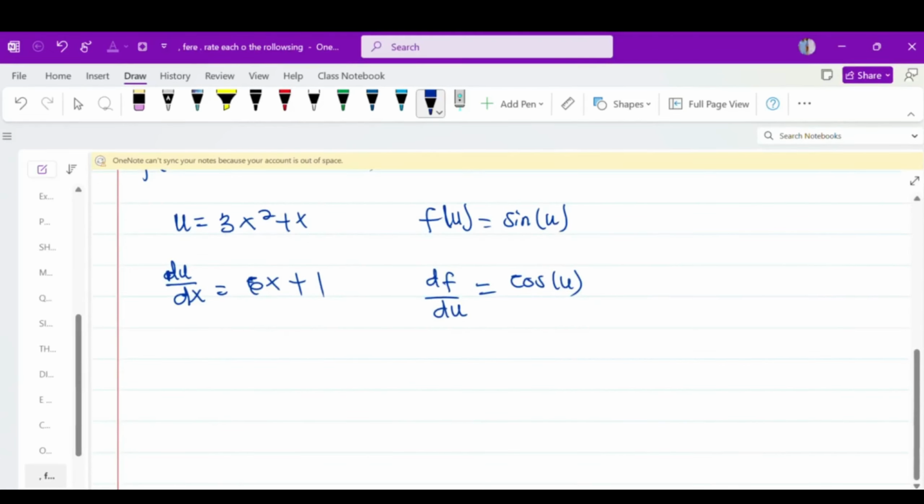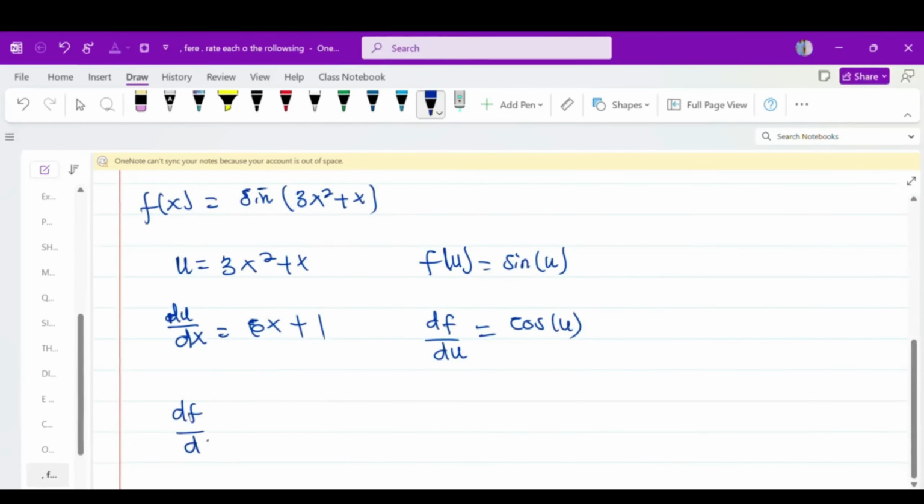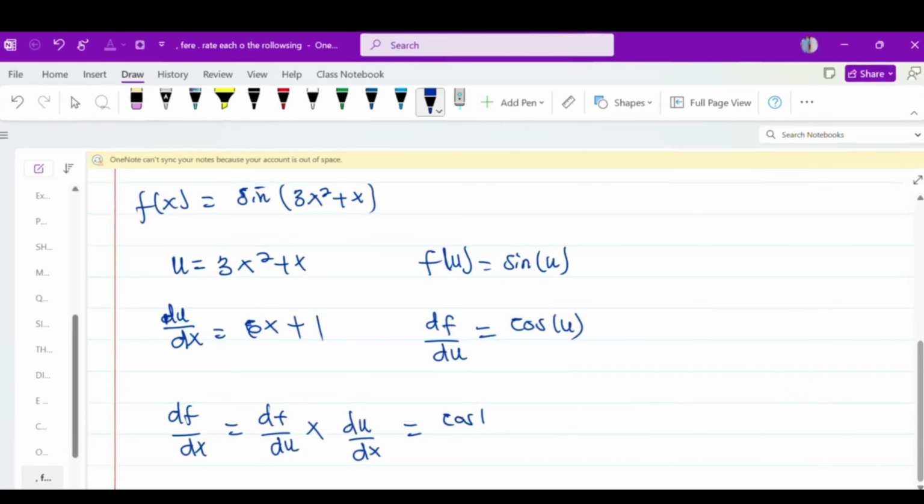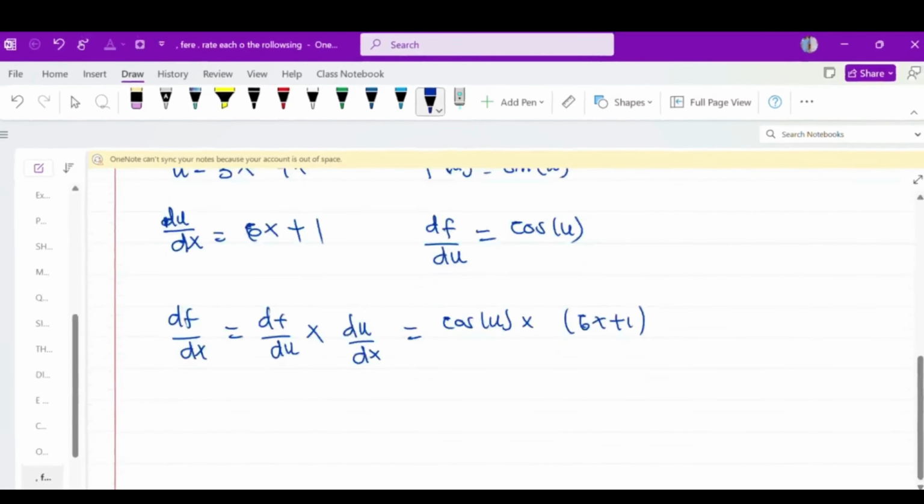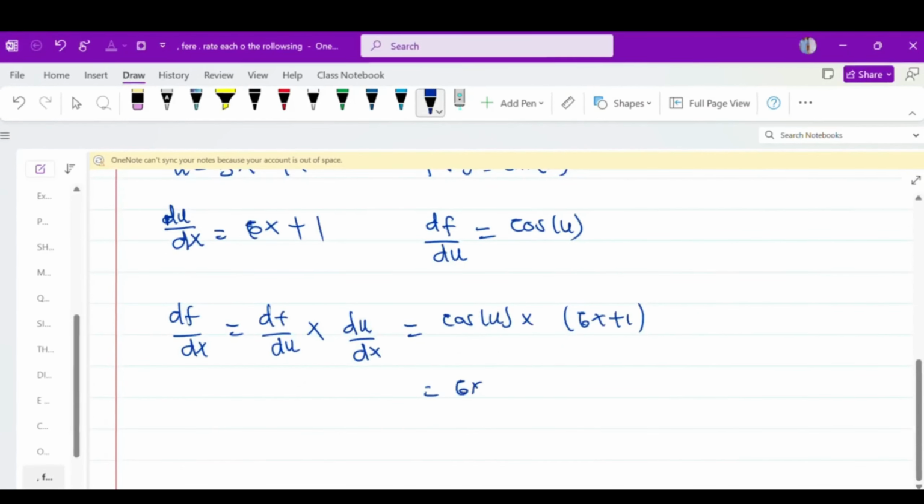So according to the chain rule, you're going to get df/dx to be df/du multiplying du/dx. So you're going to get cos u multiplying 6x plus 1, which is going to give us 6x plus 1 cos u.